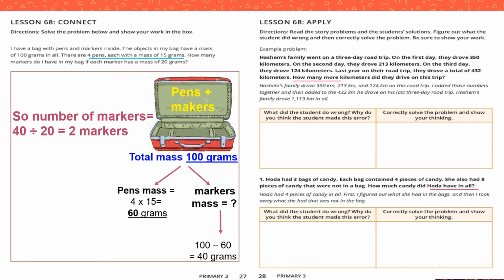If I don't know how to divide it, I can ask myself, 20 times what will give me 40? 40 contains how many 20s? 2 20s. So we have 2 markers. Or in division, I can cross this 0 and this 0, so 4 divided by 2 equals 2.